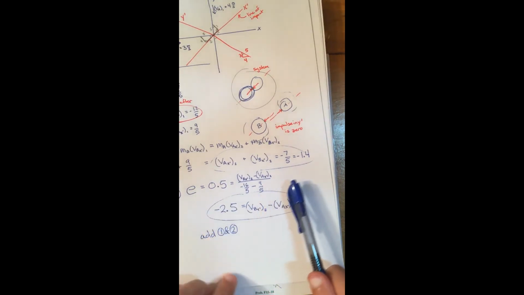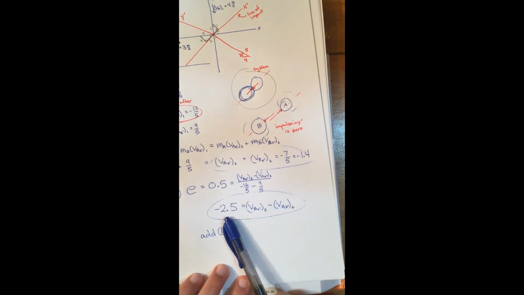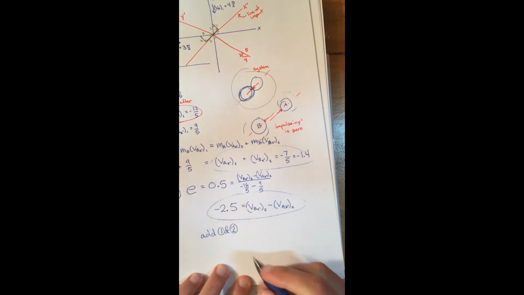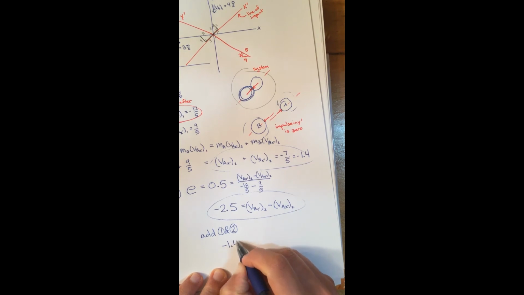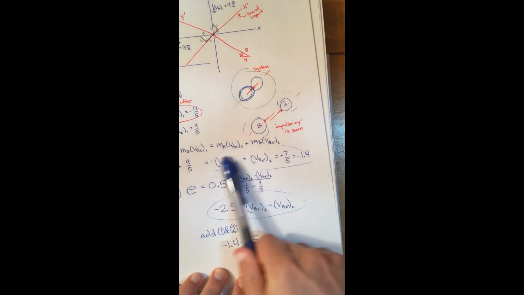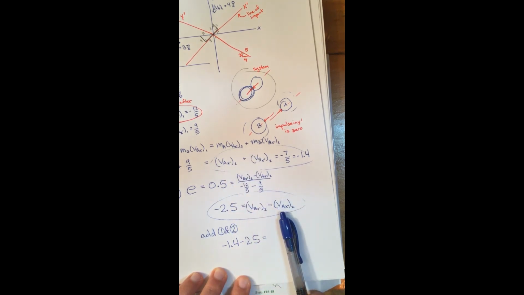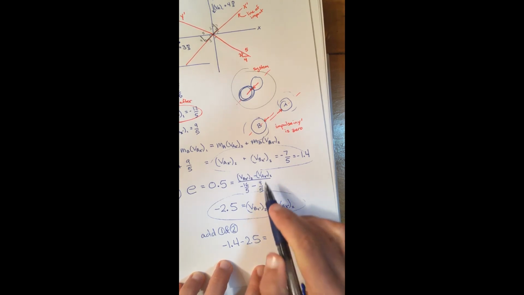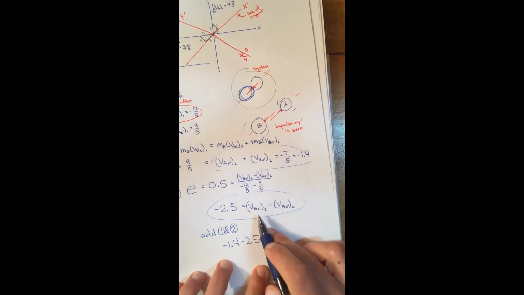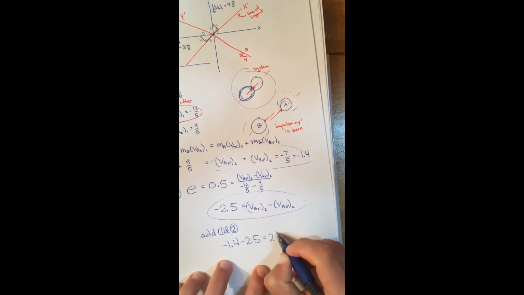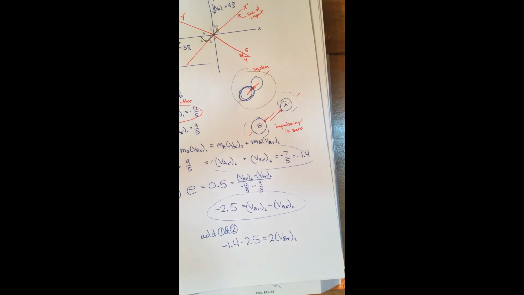So it's negative 1.4 plus negative 2.5 is equal to what we get when we add this and this together. The VAX prime 2's cancel out, and we have VBX prime 2 plus VBX prime 2, which is 2 times VBX prime 2.